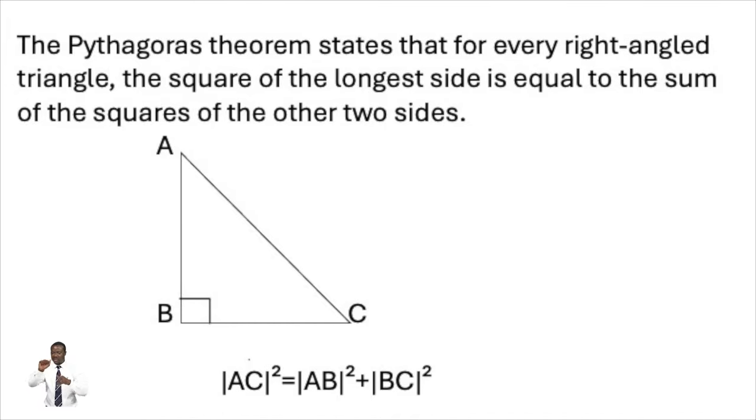So line AC is our longest side. So then the Pythagorean theorem is stated as AC squared is equal to AB squared plus BC squared. Again, AC squared is equal to AB squared plus BC squared.